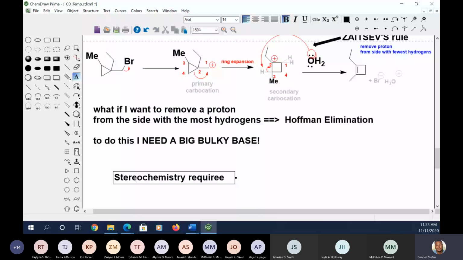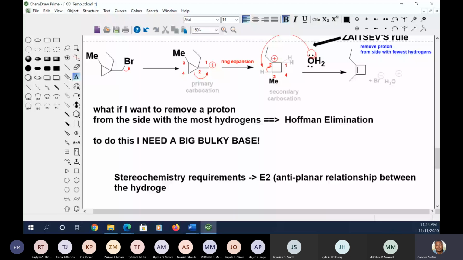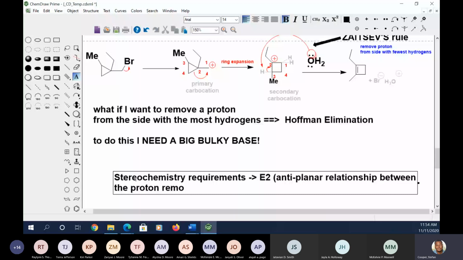For the E2 process to even work, if there's stereochemistry, we need an anti-periplanar relationship between the hydrogen, right, that's the wrong word, sorry, the proton removed and the leaving group, which is usually the halide, okay? So that means that they need to be, in other words, you can say trans to each other.